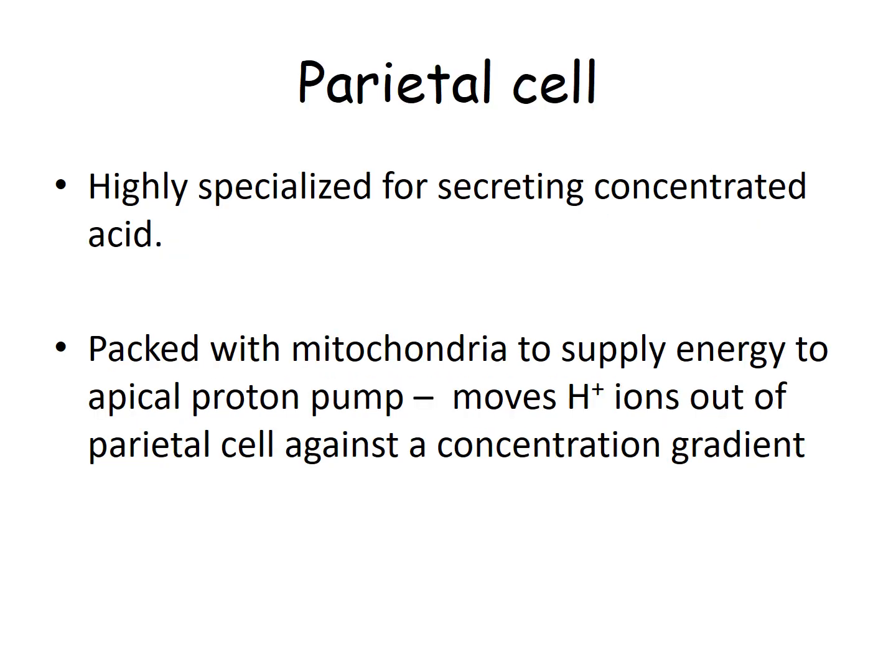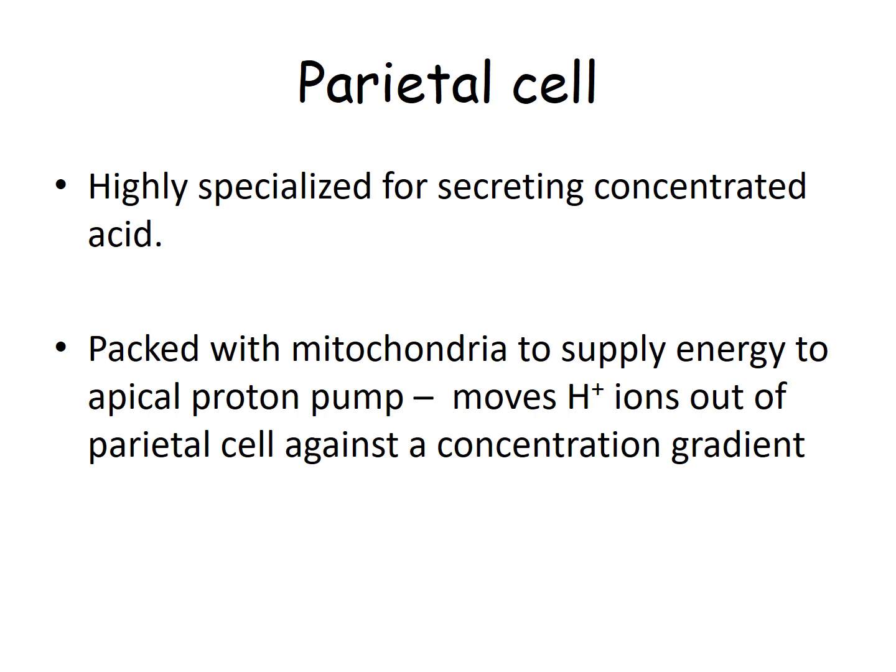And a few words about the parietal cell. They are highly specialized for secreting concentrated acid. They are packed with mitochondria to supply energy to the apical proton pumps. As I have already told, it is an energy needed process. The H plus ions are moving against the concentration gradient.